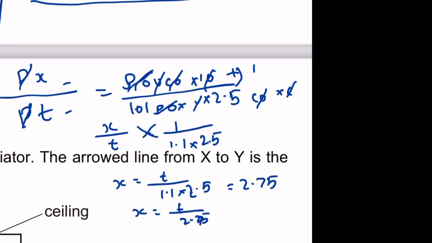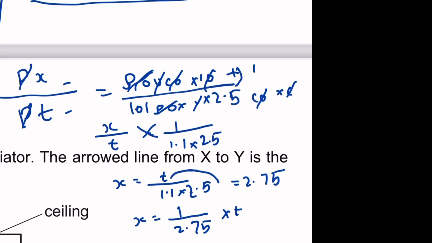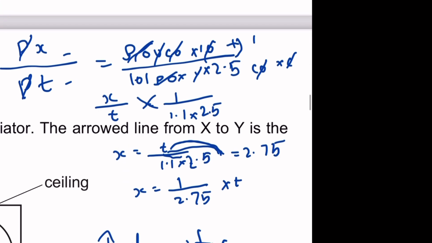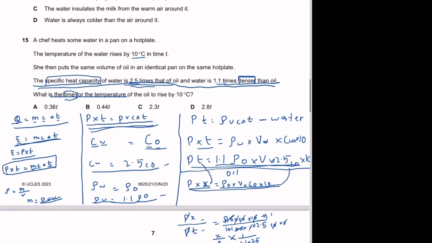That's just what I wrote here. And when you solve this, I just took my temperature and it came here, so it's dividing here, so when I come here, it will just multiply. So when I solve this, I will get x is equal to 0.36 t. So your answer will be A.